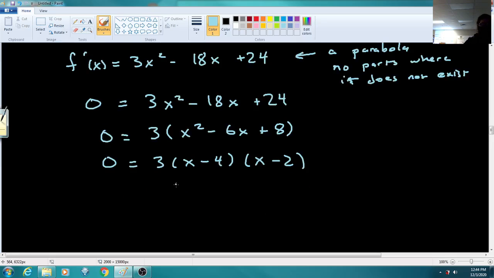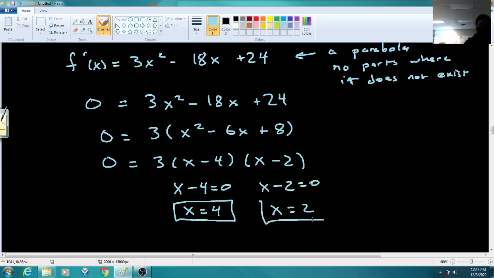That'll factor as x minus 4 times x minus 2. Then we can set x minus 4 equal to 0 and solve for x to get x equals 4, and set x minus 2 equal to 0 and solve for x to get x equals 2. So these are my two critical points. They are inputs, x values for which the first derivative is 0.